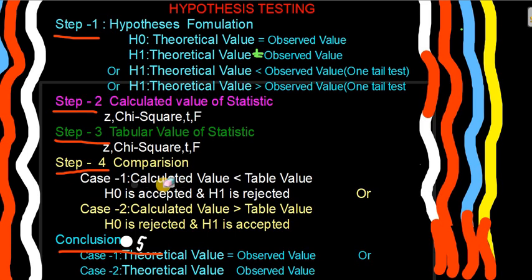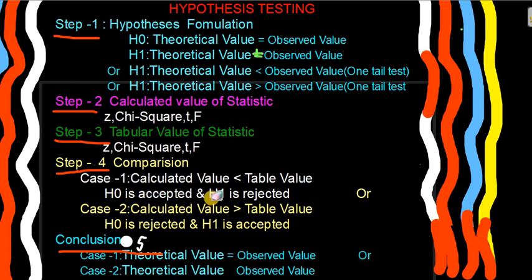We will be getting a calculated value from step number 2 and the tabular value from step number 3. If the calculated value is less than the table value, then H0 is accepted and H1 is rejected. In that particular case, we accept that the theoretical value equals the observed value.